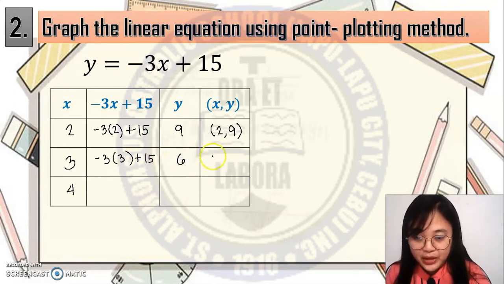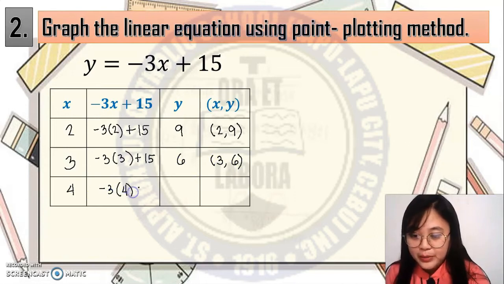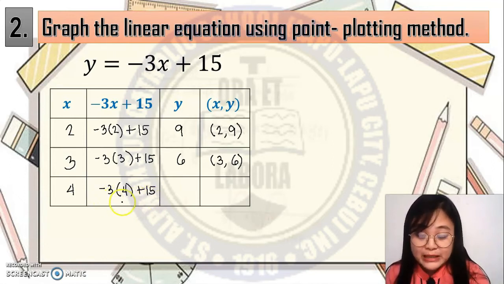So your ordered pair here is 3, 6. Lastly, negative 3 times 4 plus 15. Oh, I'm sorry, negative 3 times 4 is negative 12 plus 15. The answer is positive 3. So here, our ordered pair is 4, 3.